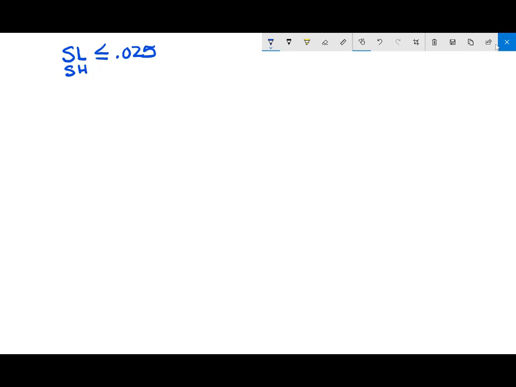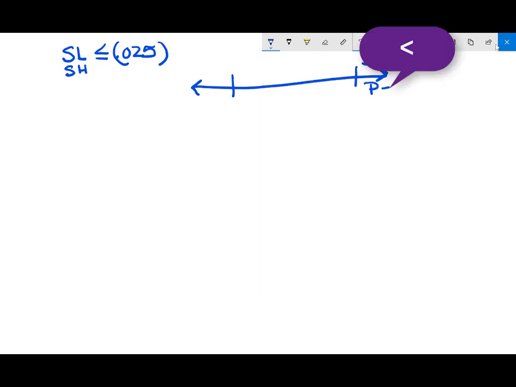So this is our probability. Okay, let's draw. So we're going to say it's significantly high if the probability is less than 0.025. It's significantly low if the probability is less than 0.025.